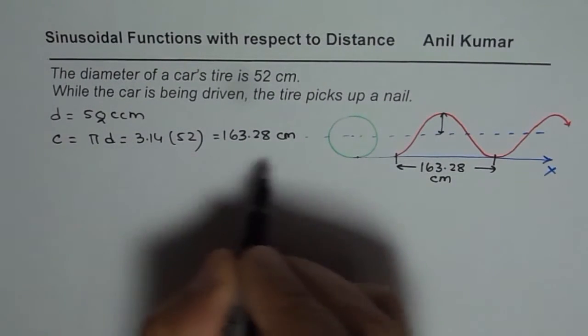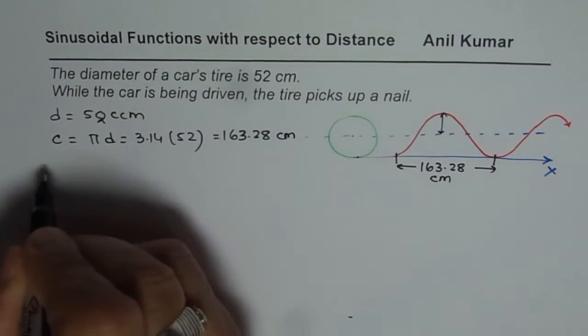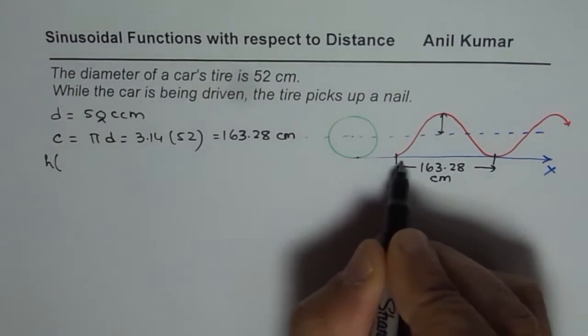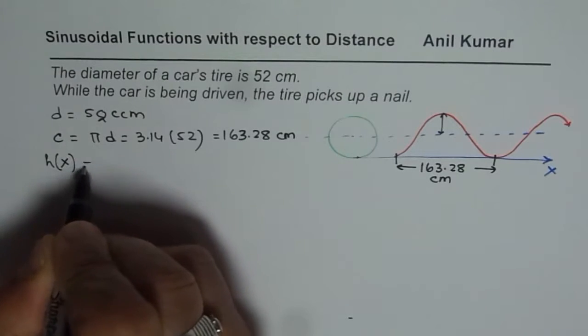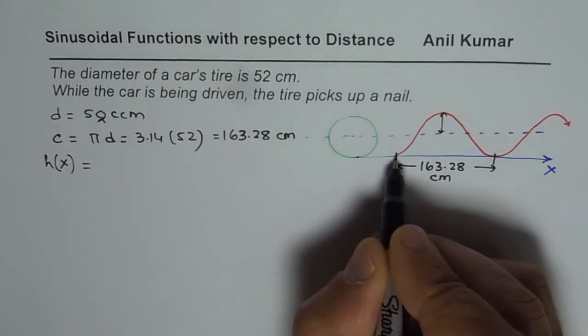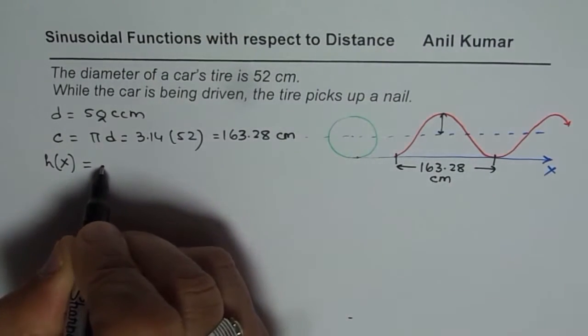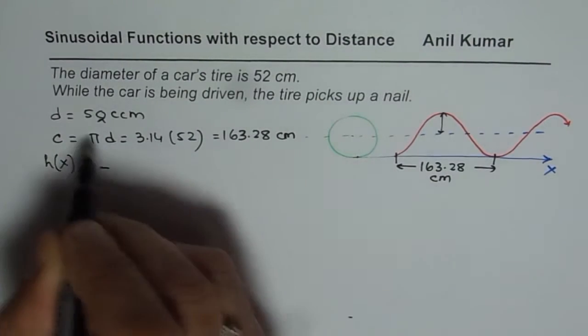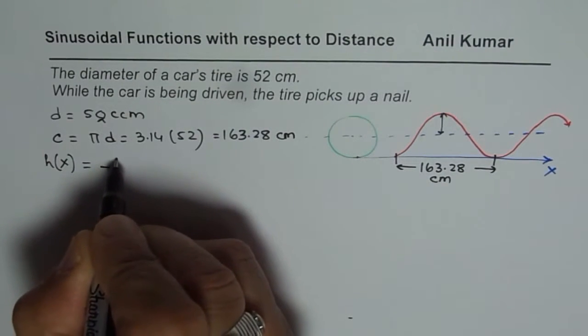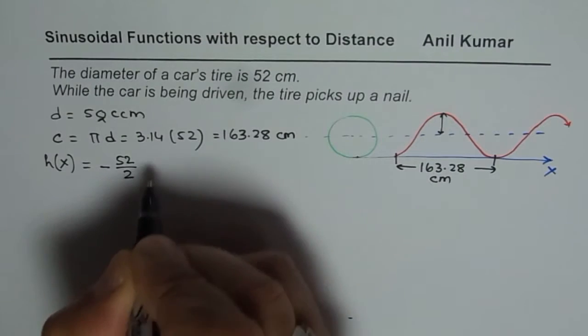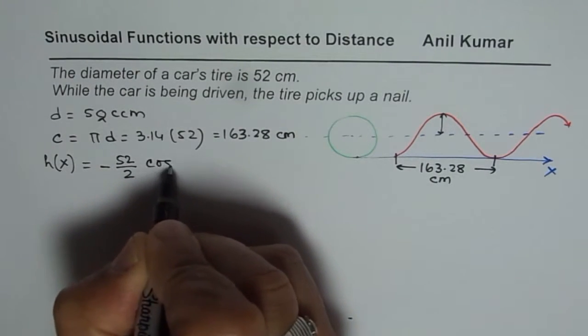So we can write the height of the nail as a function of this distance x. Since we are picking the nail from the bottom and we are rising, it is minus; the amplitude is half of 52. Half of 52, let me write like this, and the function is cosine.